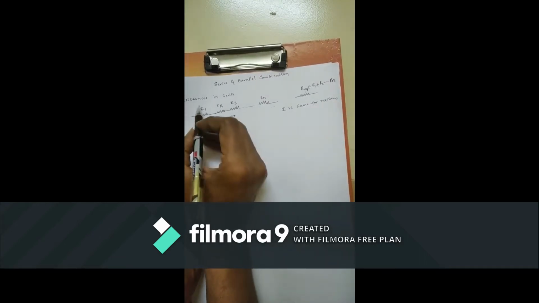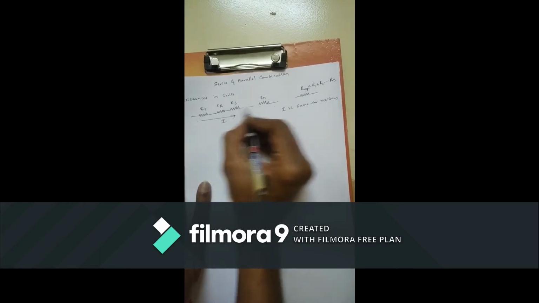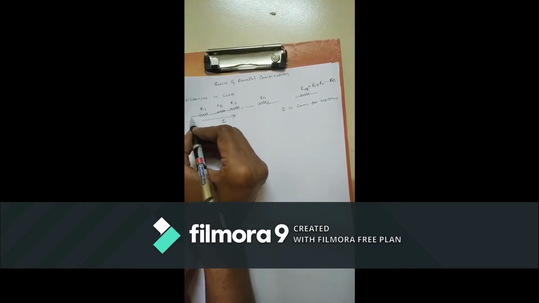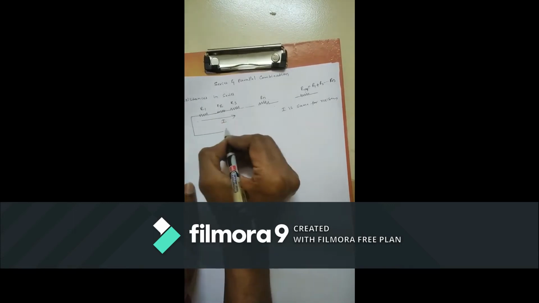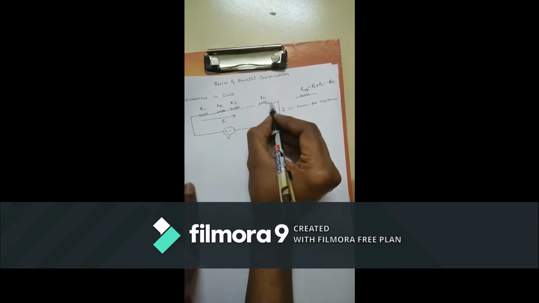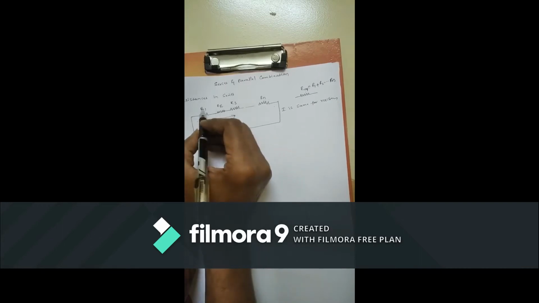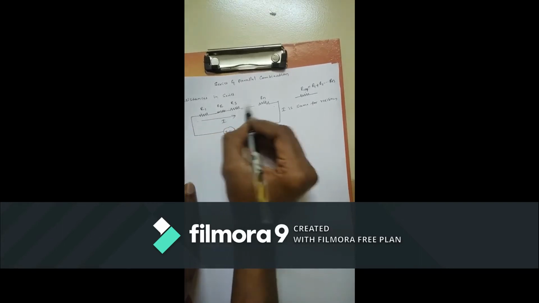Similarly, this series resistance combination will act like a voltage divider circuit. Suppose I apply voltage V across this series combination. The total applied voltage is divided between the series resistances.